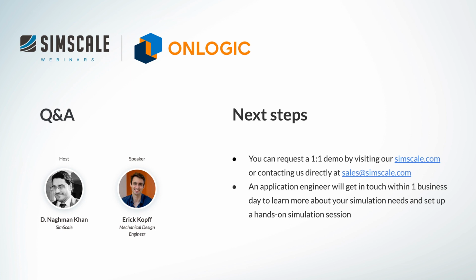So yeah, as a company, OnLogic services a number of markets, but really what it comes down to is anywhere you want to collect data, use data, store data, we are there. And especially when it's in an environment where a normal computer is just not going to cut it.